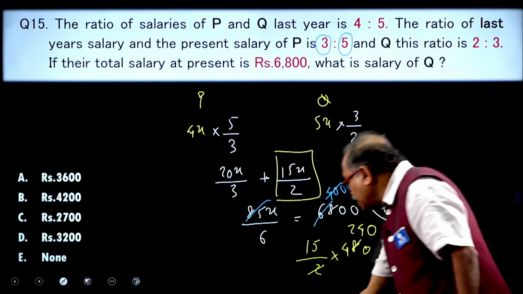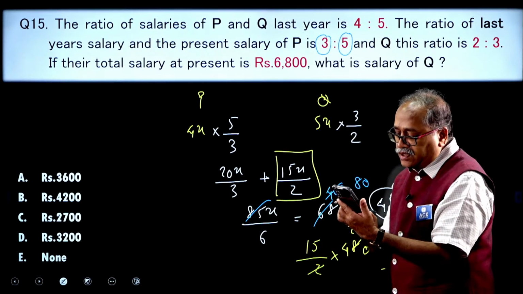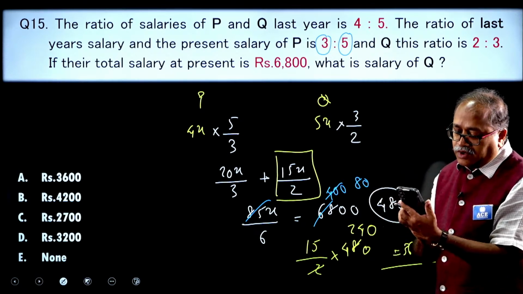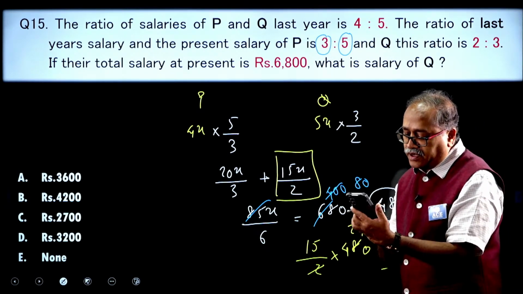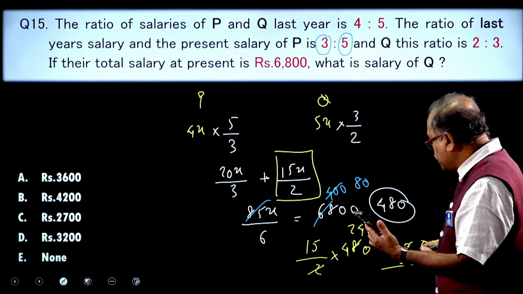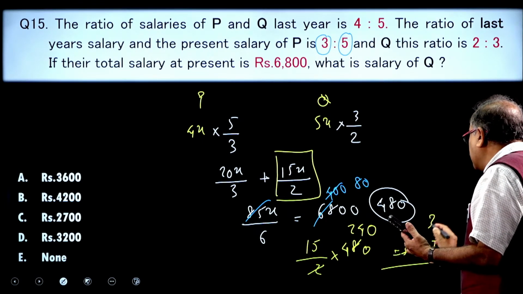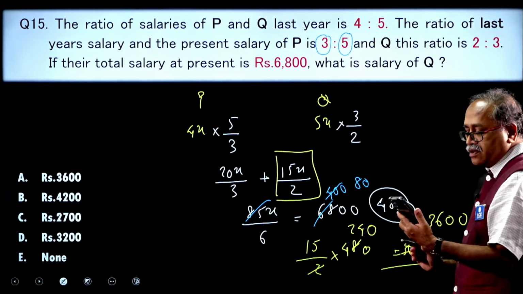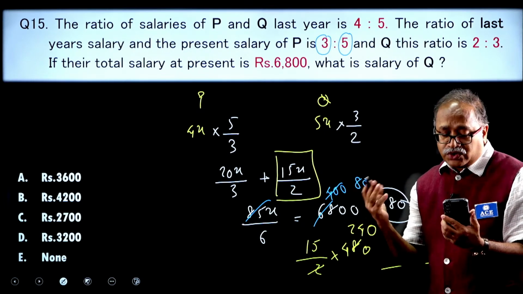Did anyone answer it? I think some of you have answered. Lakshman, you answered it. So, am I right here? 3600. Am I right, my friends, whoever is watching?